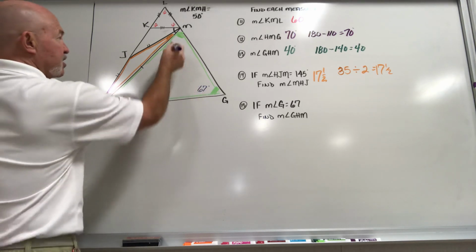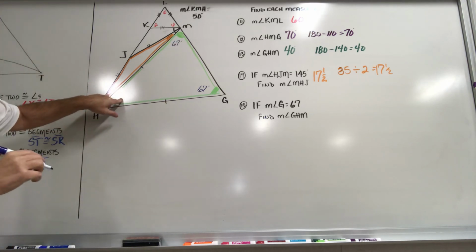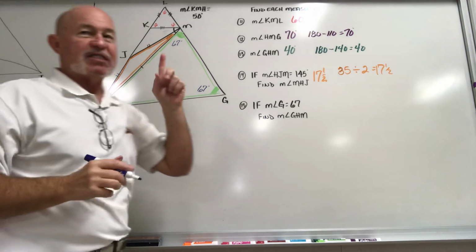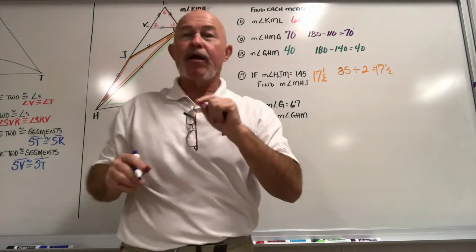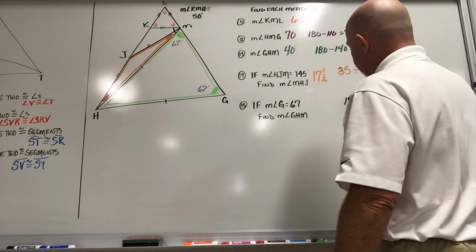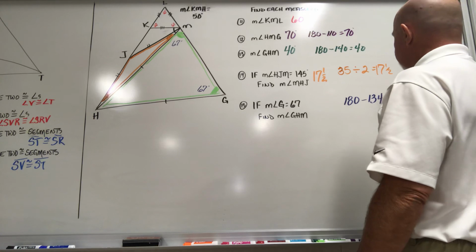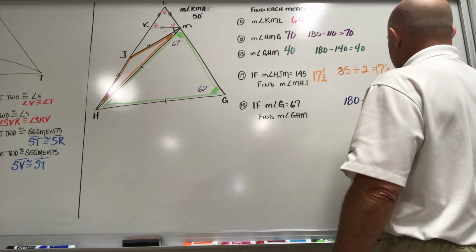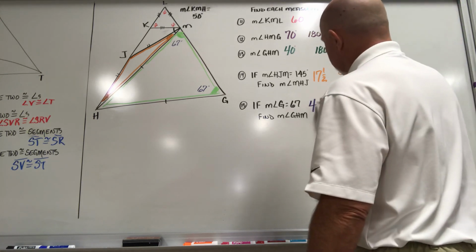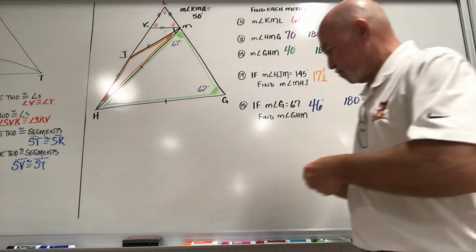So if this is 67, that is 67. 67 plus 67 is 134. 180 minus 134 gives you 46 degrees.